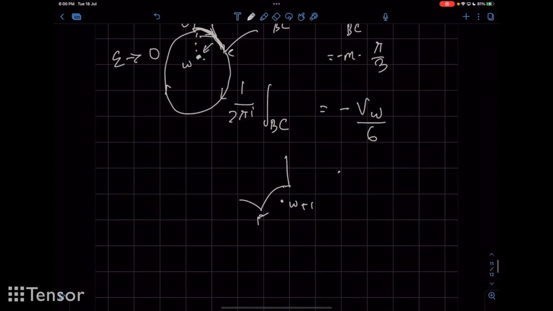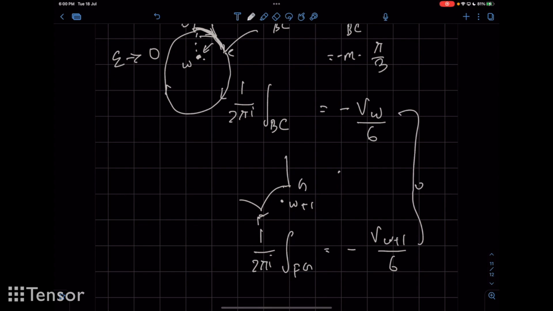So similarly, 1 over 2 pi I times the integral over FG is given by negative m of omega plus 1 divided by 6. But these two are the same. Why are they the same? No, it's not related to 1 by z.